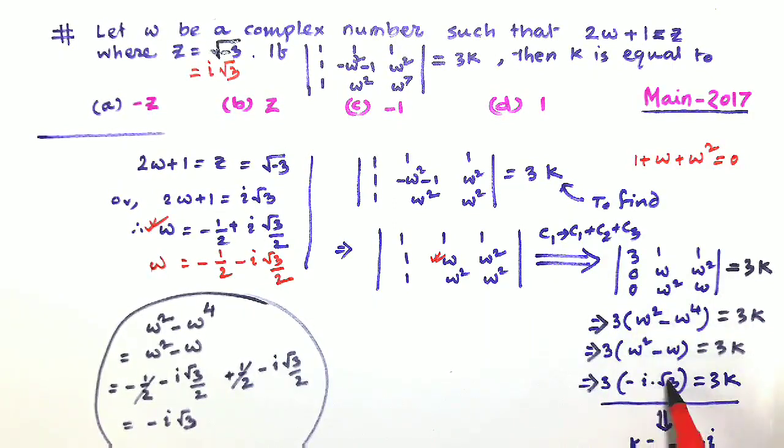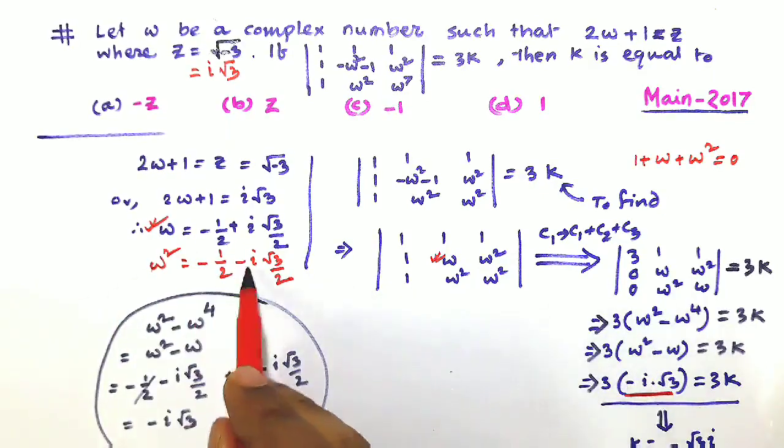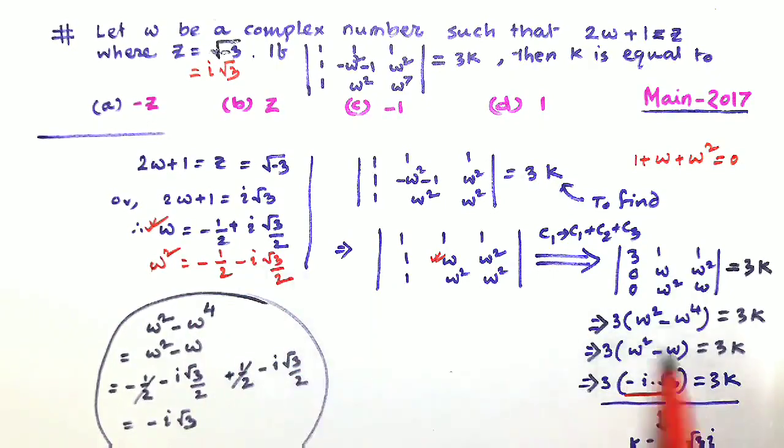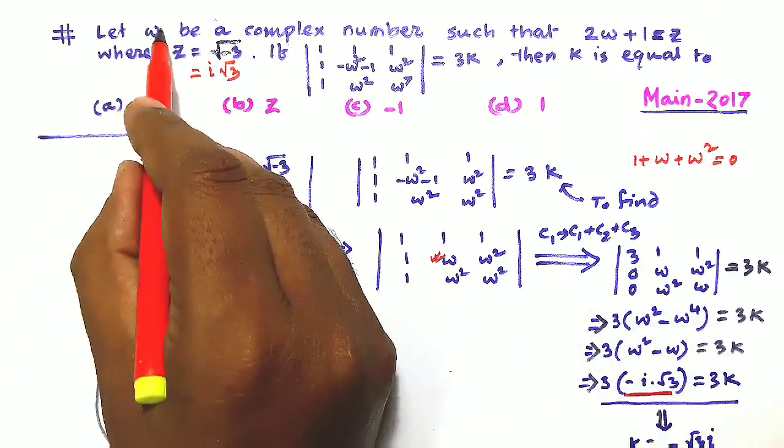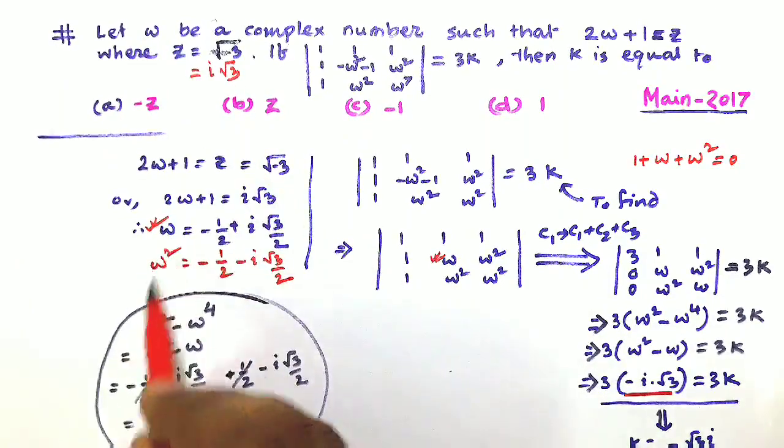Now from this step you are looking that this is equal to minus i root 3. How? Omega square is equal to minus half minus i root 3, and omega is equal to this one. So if you subtract omega from omega square, first of all we knew that this is W, but now we know that this is omega.